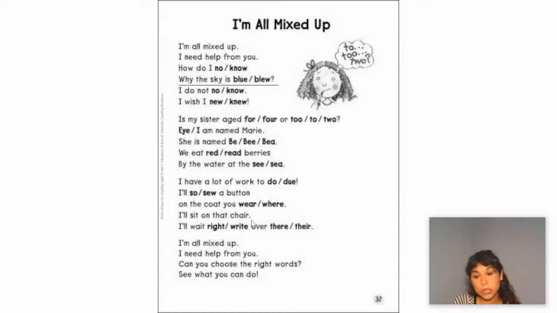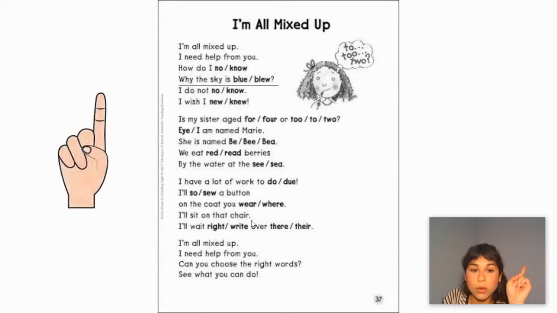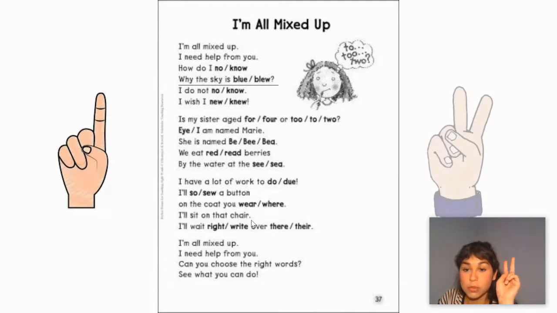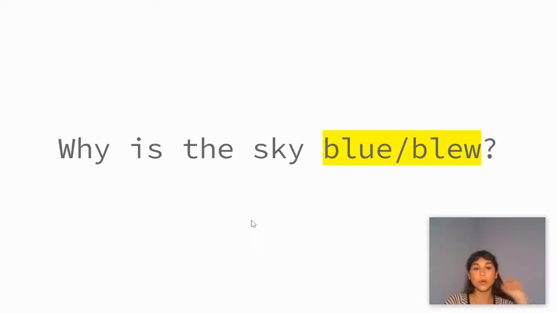Okay, we're now going to do an activity similar to what I just did with the sentence, how do I know? Except you guys are going to choose what you think is correct before I am able to explain the context. Okay, why is the sky blue? If you want to choose the first blue, you're going to put up one finger, and if you want to choose the second option, blue, you are going to put up two fingers.